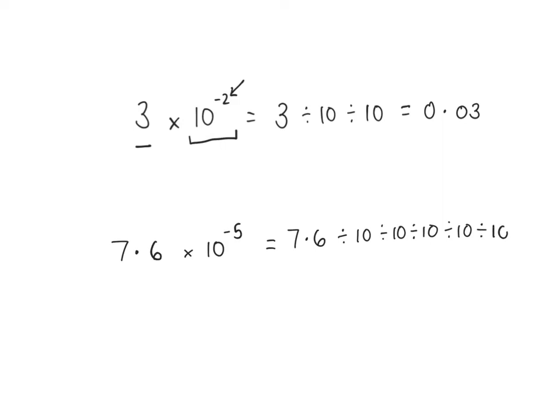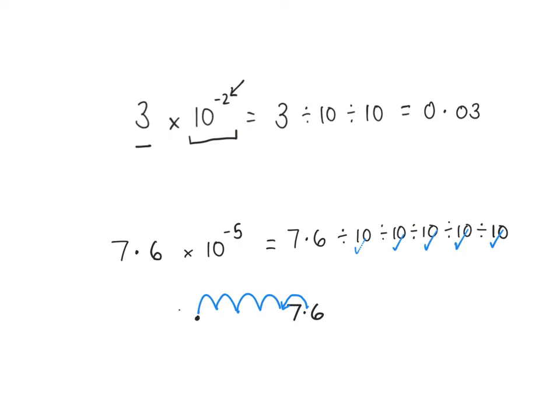Now, sometimes you might want to write this one out in a bit more detail, and this is the way I would write it. If I'm dividing by 10, I'm moving the decimal place one, and I'm making it smaller, so it would move to make it 0.76. That's 1, 2, 3, 4, 5. So that decimal point would move to here.